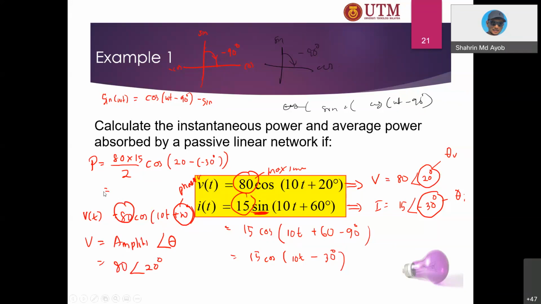But you need to ensure that, for example, if you want to multiply the voltage and current, you cannot multiply directly.